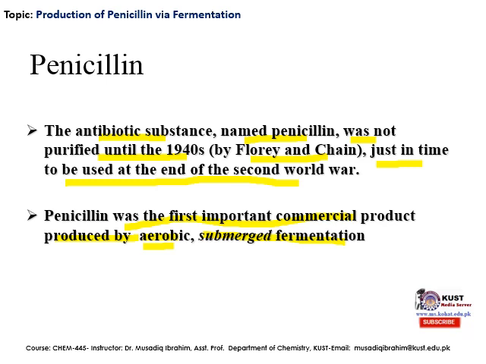It is important to note that penicillin was the first antibiotic which was produced in the history of science, and it was a very major success, considered to be at the end of the Second World War.